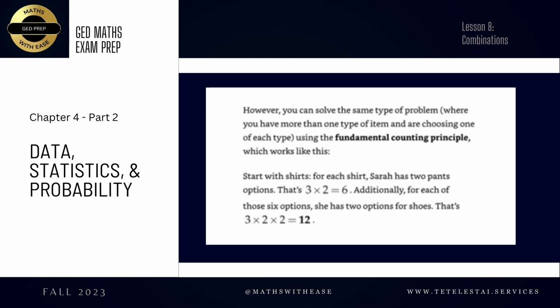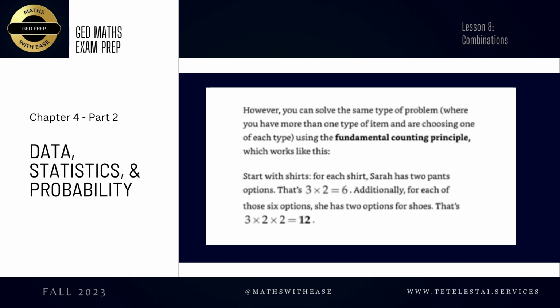And then we also know that for each of those 6 options she has 2 pairs of shoes that she could choose from, right? So you then multiply 6 by 2, or you would write down 3 times 2 times 2, which gives you 12, right? 3 times 2 is 6, 6 times 2 is 12, okay?